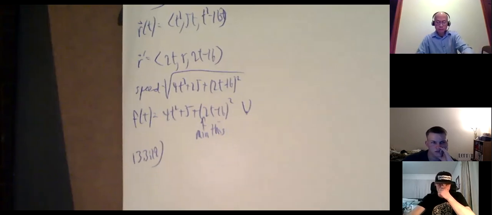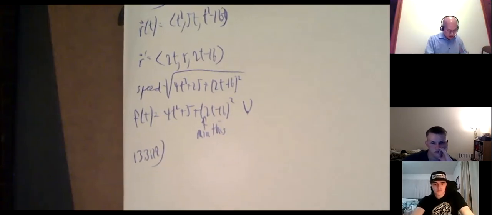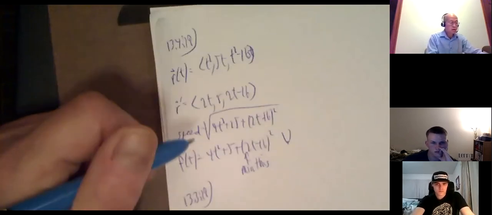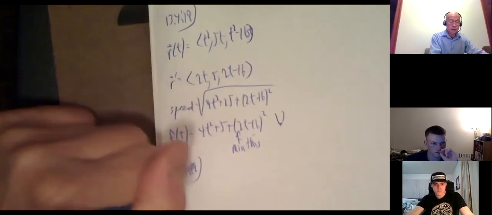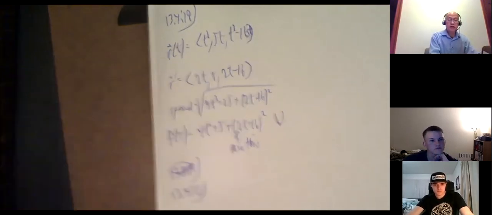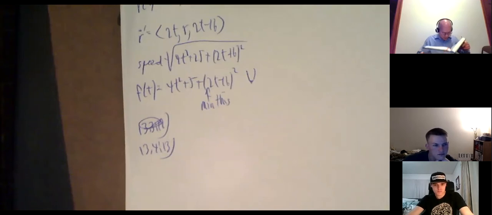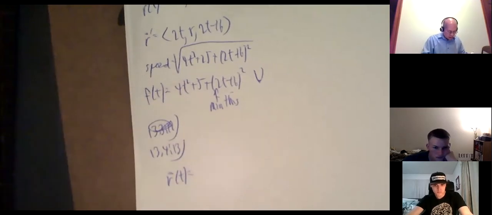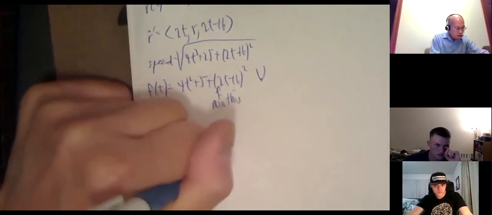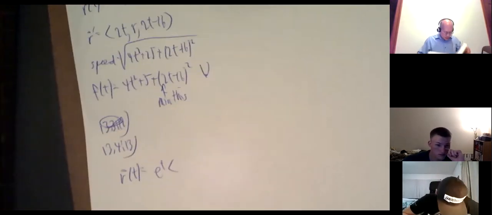13.413 also. Well, I don't want to switch back then. 13.413, since another question came in there. R of t is e to the t, cosine t plus sine t, plus t.